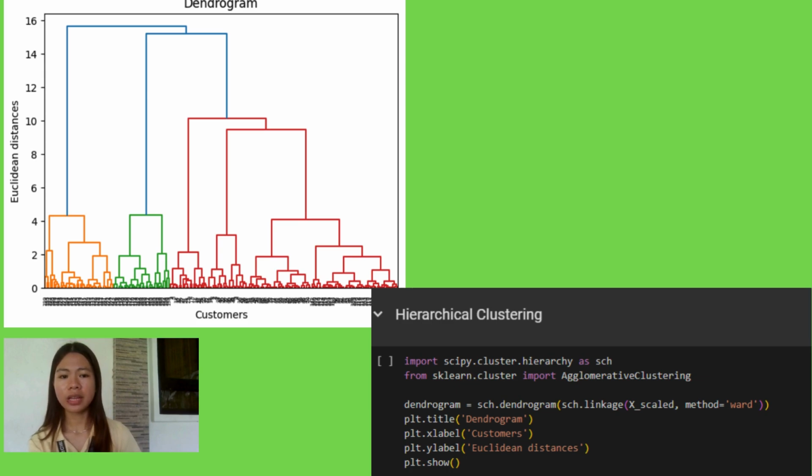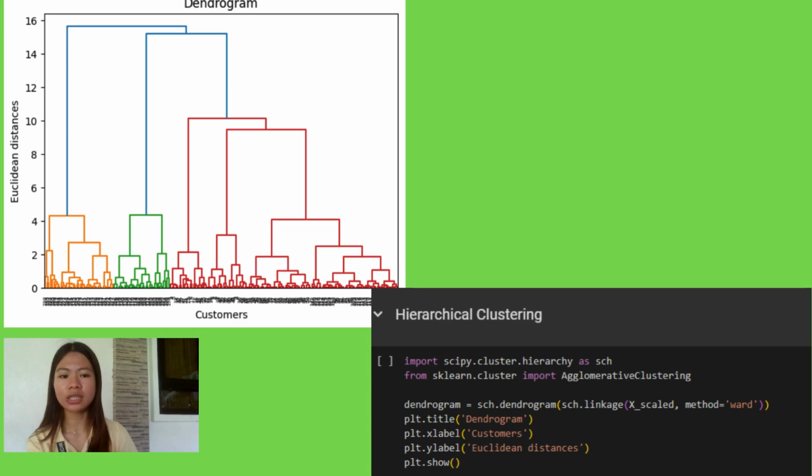So here we are creating a dendrogram, which is a visual representation of how customers are grouped together step by step in hierarchical clustering. First, it uses the linkage function from the SciPy library to calculate the distances between customers based on their scaled data, the income and the spending score. The ward method is used, which minimizes the variation within each cluster as they are merged.